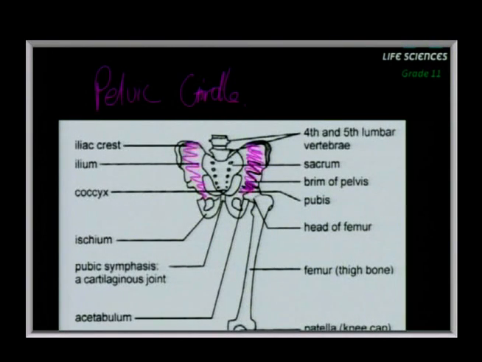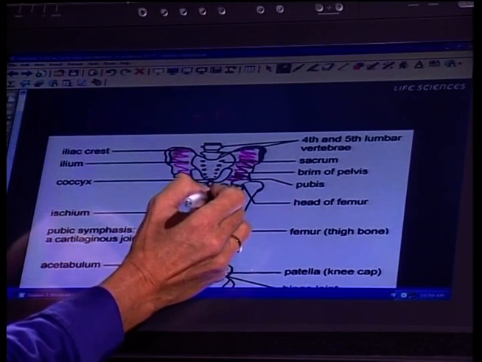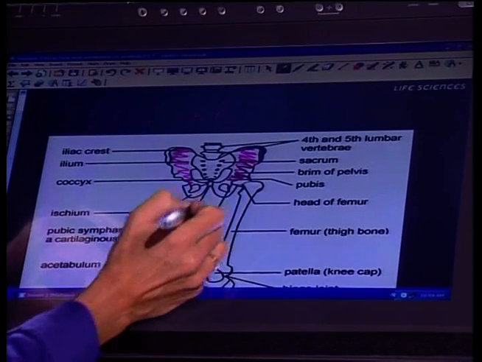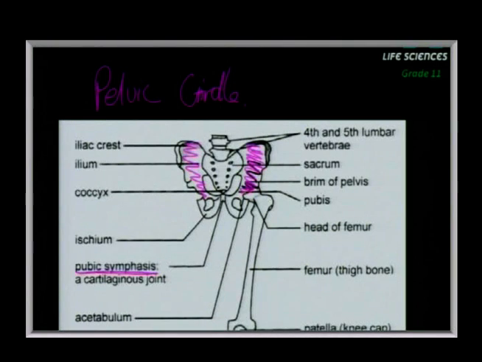There's your pelvis. Okay, in the front here, then your coccyx comes to the bottom. In the front there, where the two parts of the pelvis join, that bone is called the pubic symphysis. And you must know it because we have a cartilaginous joint there. All right?